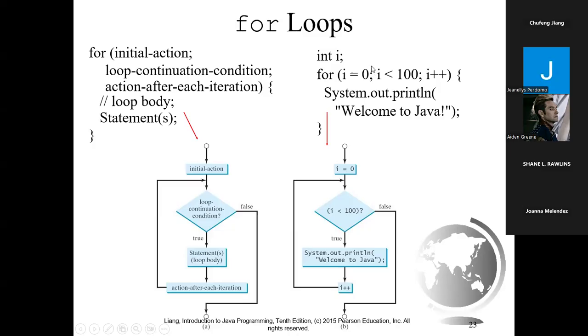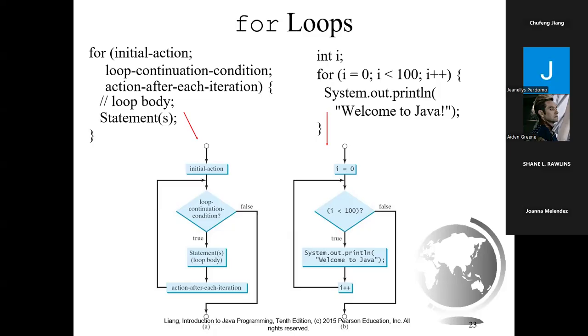That means when we begin the for loop, i is supposed to be 0. And the second part is the loop continuation condition, which maps to i < 100. That means the for loop is valid when i is smaller than 100.